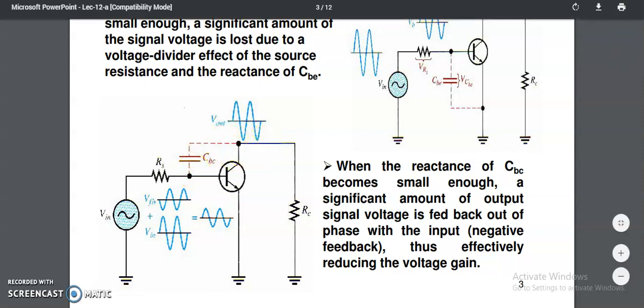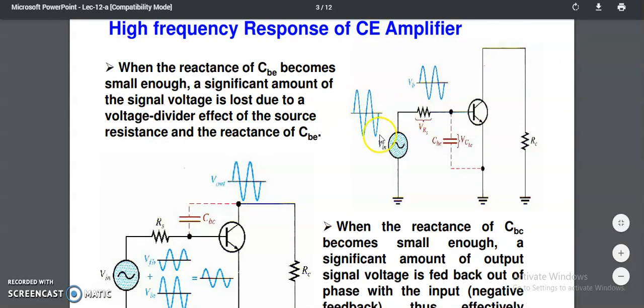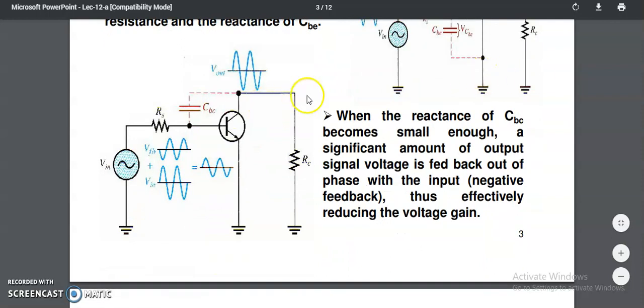Whenever high frequency input signals are applied, this is the high frequency response of the common emitter amplifier. Whenever high frequency signals are applied to the input of this common emitter configuration, whatever capacitances are connected to the ground will not affect. I will clear that point at the end of this concept. First let's focus on this one.